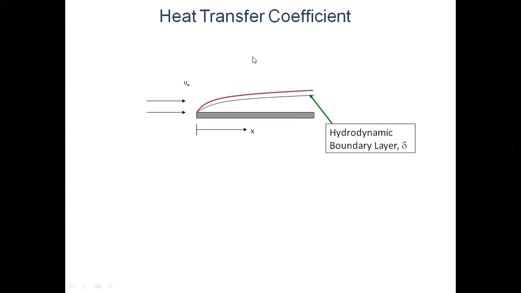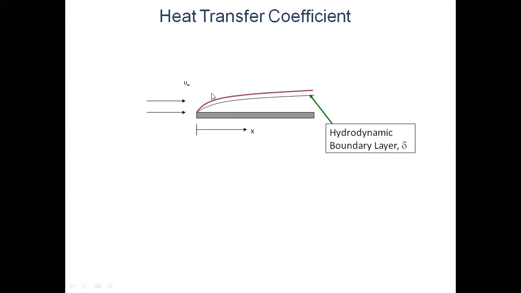Okay, so there is a hydrodynamic boundary layer. What it means is, as I mentioned earlier, it separates the bulk flow. What is bulk flow? Bulk flow is the flow where velocity is u infinity. Initially, there was velocity which was u infinity.